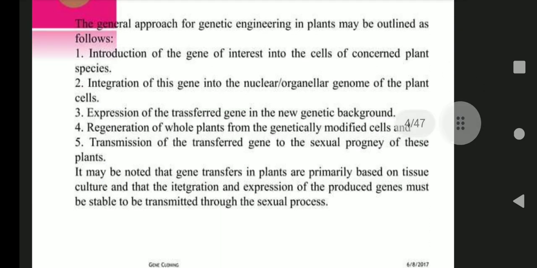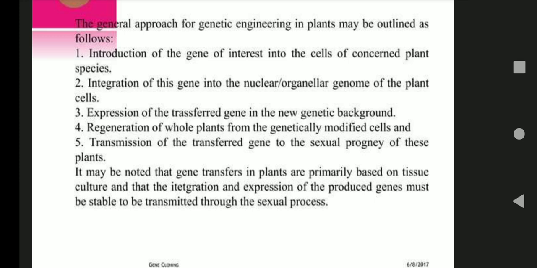The general approach of genetic engineering of plants is outlined as follows. First, the introduction of the gene of interest into the cell of the concerned species. Then we integrate this gene into the nuclear or organelle genome of the plant cell, and we make the transferred gene express. The regeneration of the whole plant from the genetically modified cells is made possible.